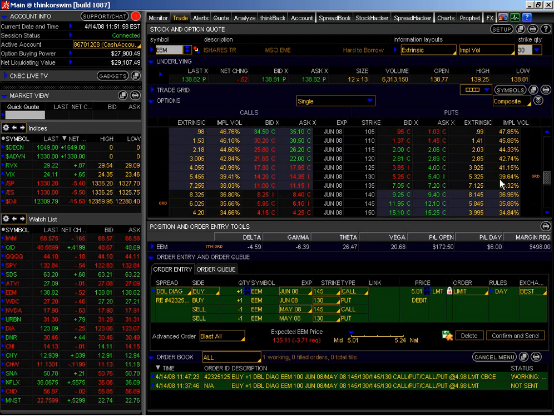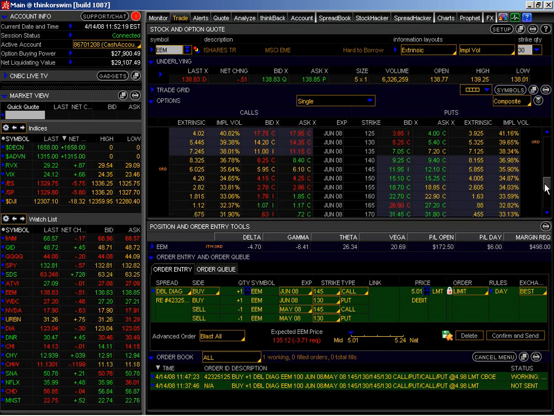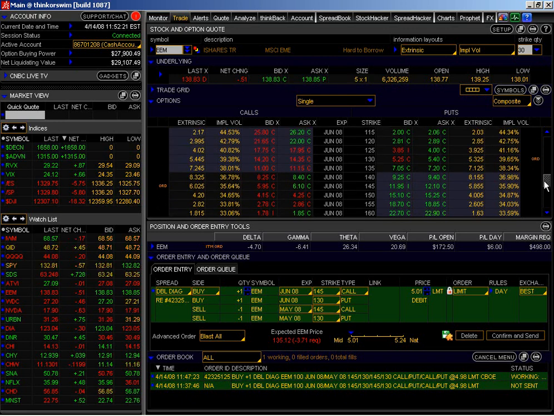If volatility should decline, then your position will get hurt. It will not make as much profit, and you could possibly even see a loss on the position if volatility levels should decline significantly, or the volatility levels in the second month that you have your position on increase dramatically.